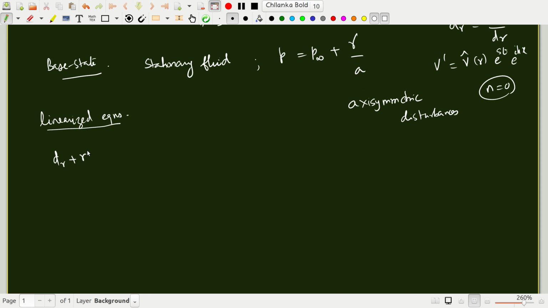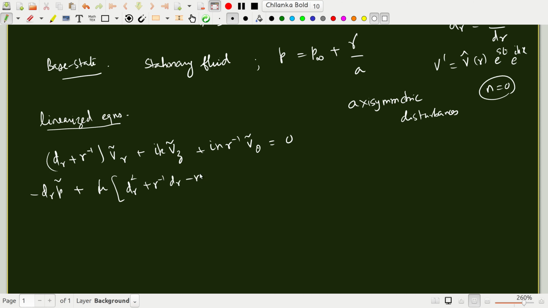So the continuity equation in cylindrical coordinates: plus ikVz plus r inverse Vr, plus i n r inverse V theta is 0. Then the r momentum equation, plus the viscosity mu times d r squared plus r inverse d r minus r to the minus 2 minus k squared.